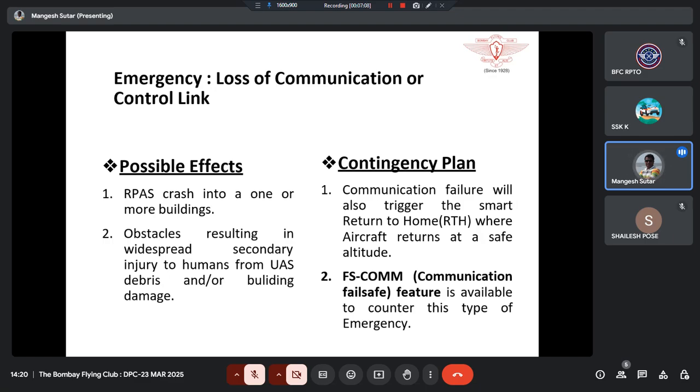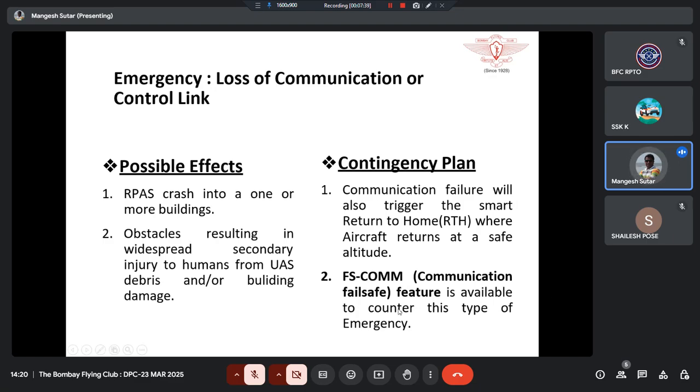If it is not able to get communication or handshake from the RC, it will trigger the option called Smart Return to Home. That is RTH, where the aircraft will return at a safe altitude and safely land the drone at the location from where it was launched, the home location. This setting is called the communication failsafe, the FS setting.